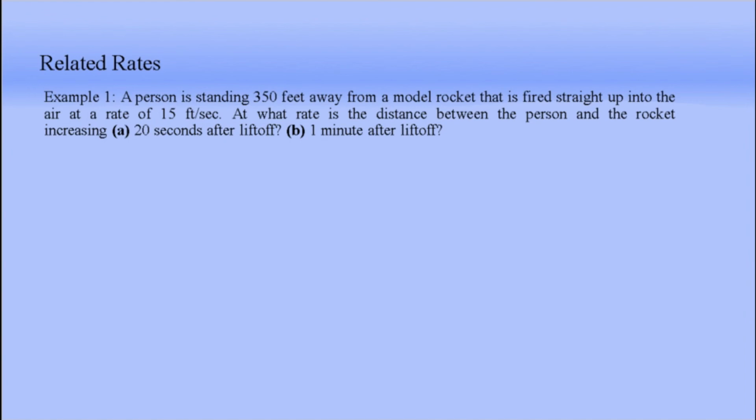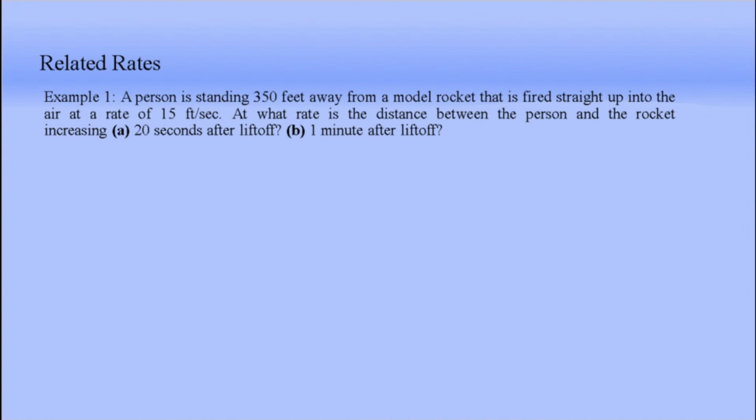Okay, so the first word problem of related rates is this. A person is standing 350 feet away from a model rocket that is fired straight up into the air at a rate of 15 feet per second. At what rate is the distance between the person and the rocket increasing? A, 20 seconds after liftoff, and B, 10 minutes after liftoff.